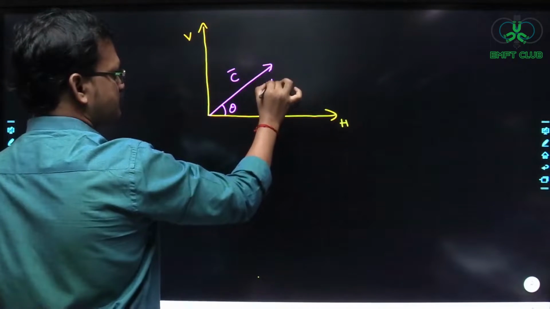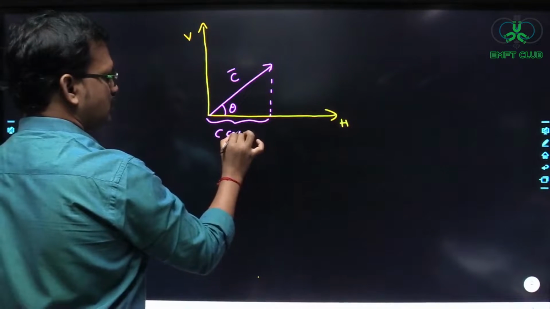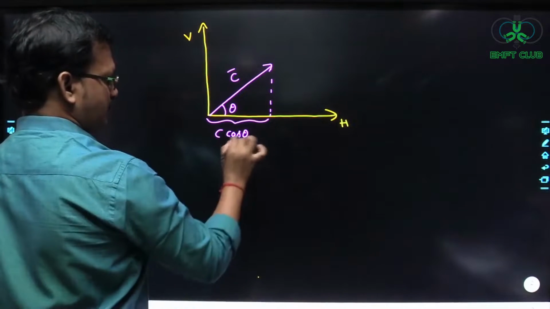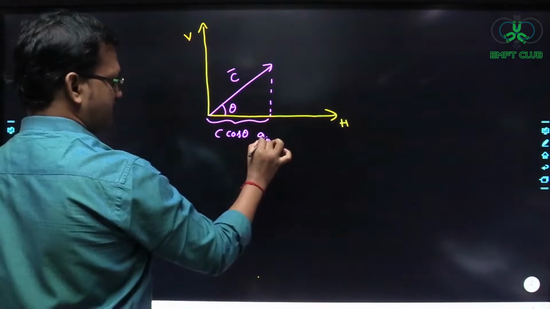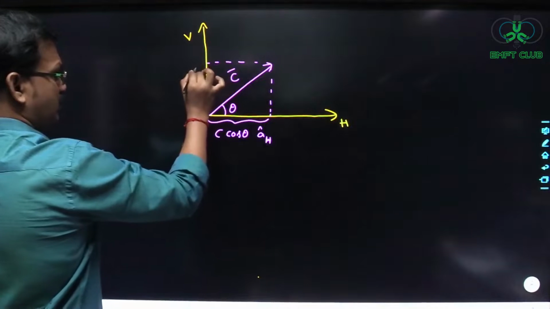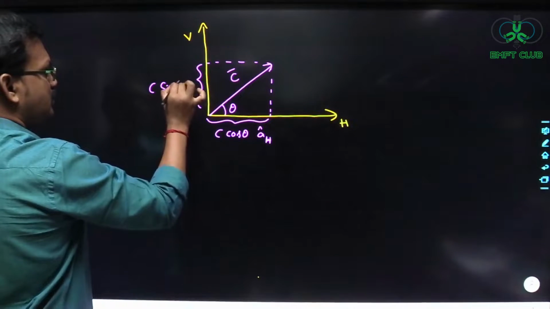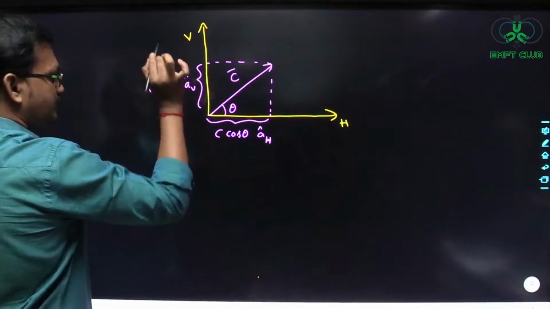The component of C bar along the horizontal axis is C cos theta, pointing along the AH cap direction, and its component along the vertical axis is C sin theta, pointing along the AV cap direction.